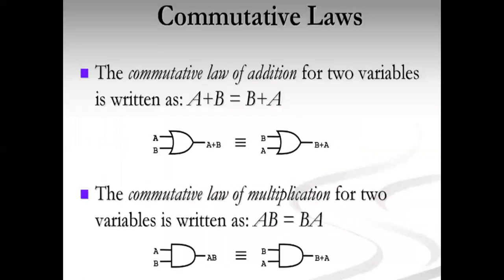Boolean laws. Commutative law: A plus B is equal to B plus A. That is, A, B applied to an OR gate gives output A plus B, which is equal to B and A given to an OR gate, that is B plus A. And the commutative law for multiplication: AB is equal to BA. You can use a truth table to prove this.